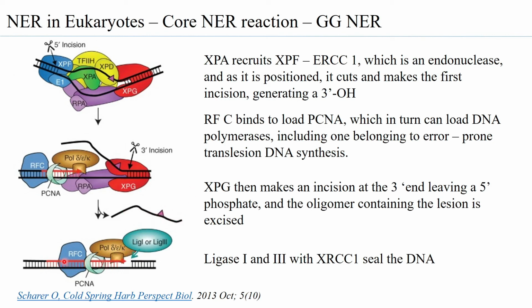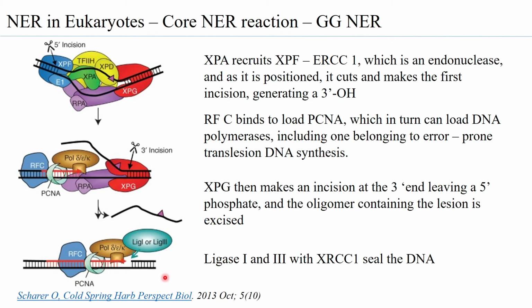The entire new DNA is synthesized and then ligated at this point. You can have either DNA ligase 1 or DNA ligase 3 associated with XRCC1 that can seal the DNA. Of course, DNA ligase 1 is associated more with quiescent cells, whereas DNA ligase 3 is associated with cells that are replicating.